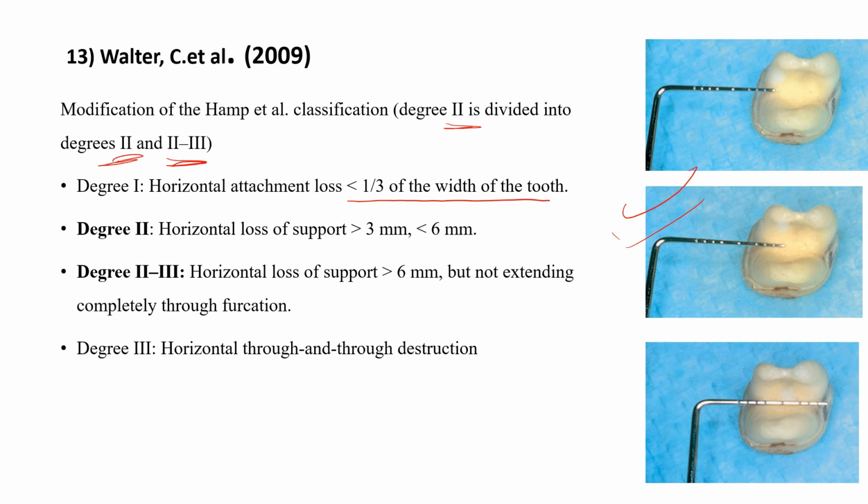In degree 2, he did more than 3 mm but less than 6 mm. And degree 2 to 3, he categorized as more than 6 mm but not completely through the furcation, not through and through furcation involvement. And grade 3, there is through and through destruction of the bone.